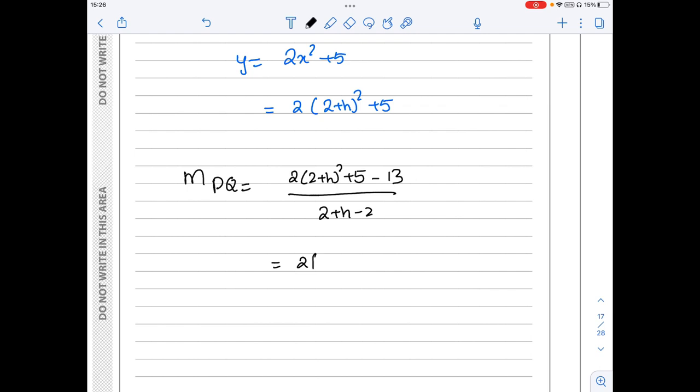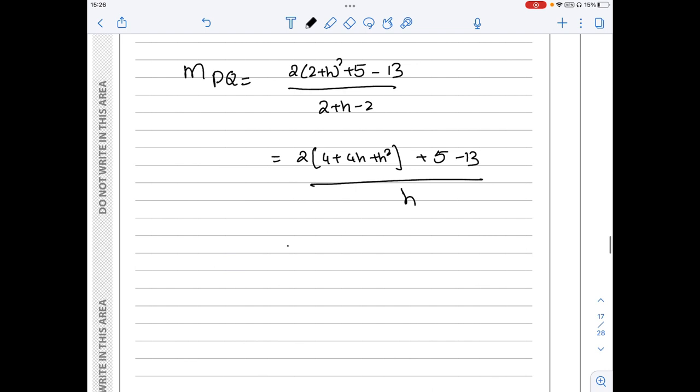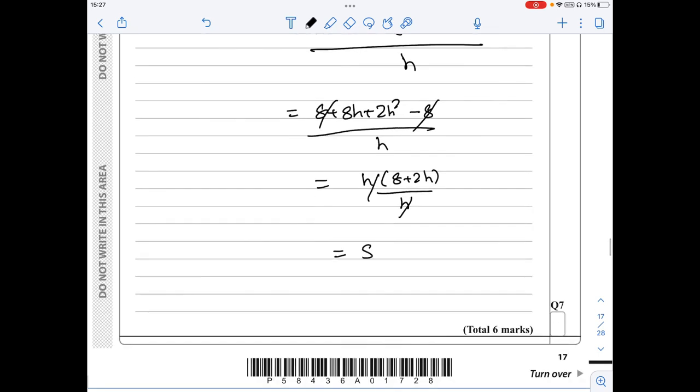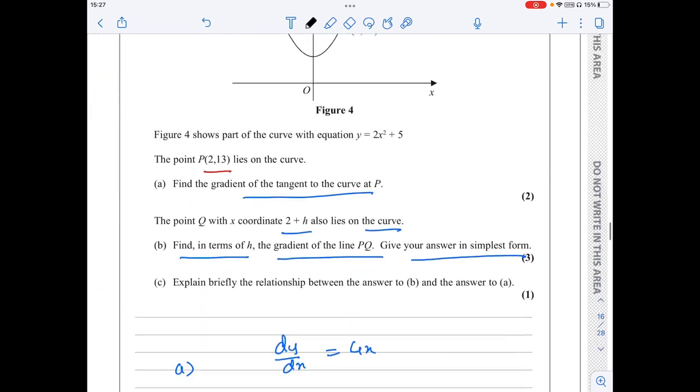So it becomes 2 times (4 plus 4h plus h squared) plus 5 minus 13, divided by h. So it becomes 8 plus 8h plus 2h squared minus 8, divided by h. 8 and 8 get cancelled. Take h common: 8 plus 2h upon h. h gets cancelled. So 8 plus 2h I get out. That's going to be the gradient of PQ.